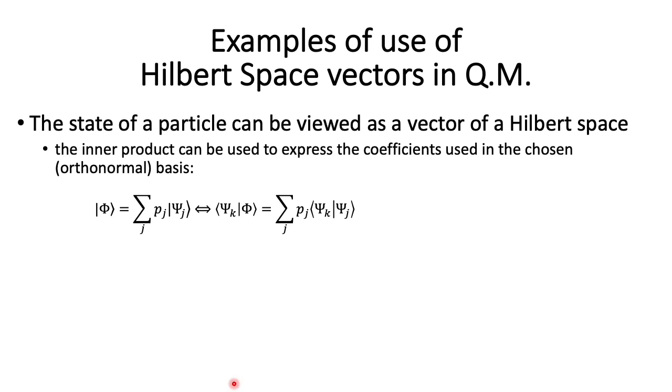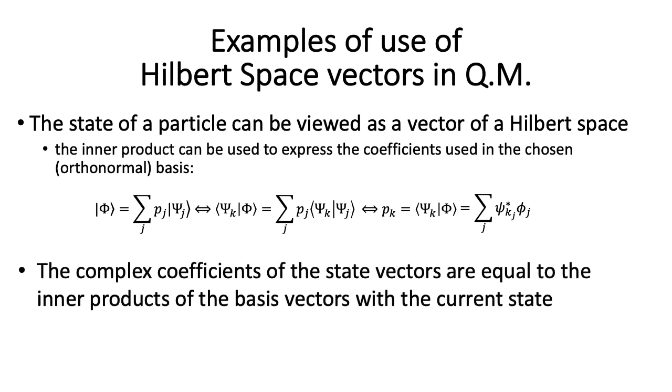But it's an orthonormal basis, so that means that the norm of each basis vector is 1. And when you look at the inner product of two different basis vectors, it will be 0. And so that means that the pKs here will be equal to this inner product of each basis vector with the state you are developing here. And therefore, it will be equal, by definition, to this value here, this complex value here.